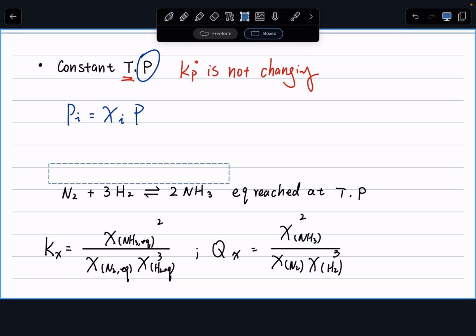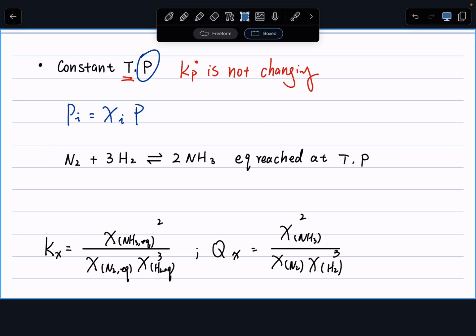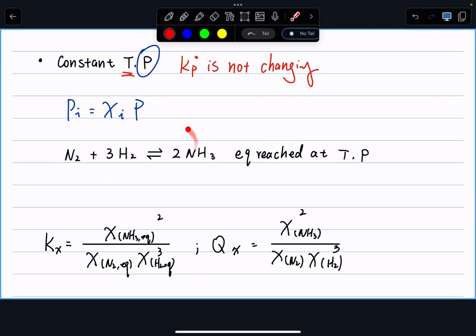Now, if we use our ammonia formation as an example again, we have N2, obviously gas phase, plus 3 hydrogen goes to 2 NH3.